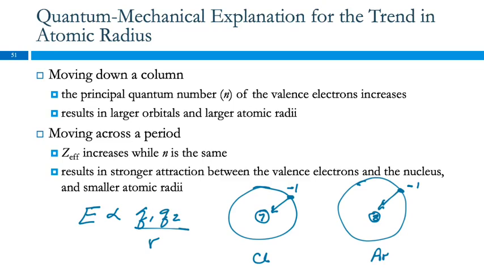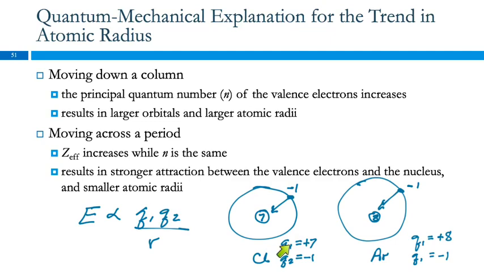Yeah, so here Q1 equals +7, and Q2 equals -1. For argon, Q1 equals +8, and Q2 equals -1. Q2 is the charge on the electron, which is always -1. So we're looking at the attraction of the nucleus for each valence electron separately, not overall together, because they are individuals.